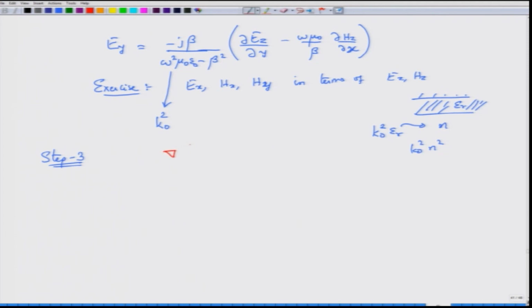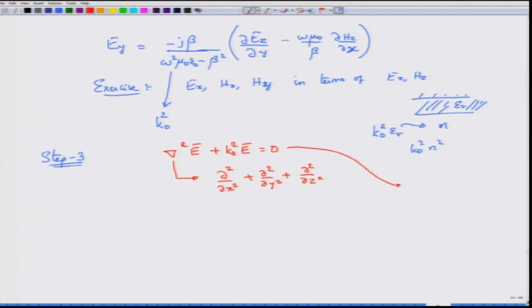So, I have del square E plus k0 square E equals 0, the so called Helmholtz equation, and here del square is the scalar Laplacian, which is given by del square by del x square plus del square by del y square plus del square by del z square.